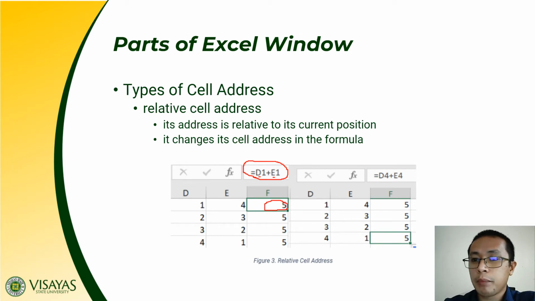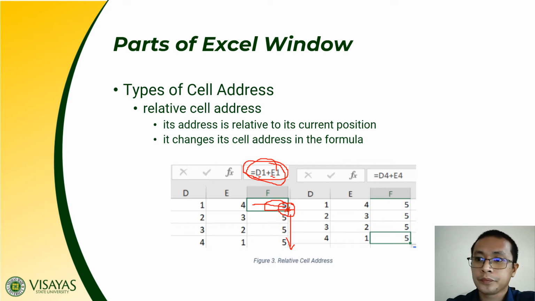Now, as we apply the formula to other cells using the fill formula method, when we drag this part going down, these cell addresses are changed. From D1 plus E1 at cell address F1, it is now changed to equals D4 plus E4 on cell address F4.